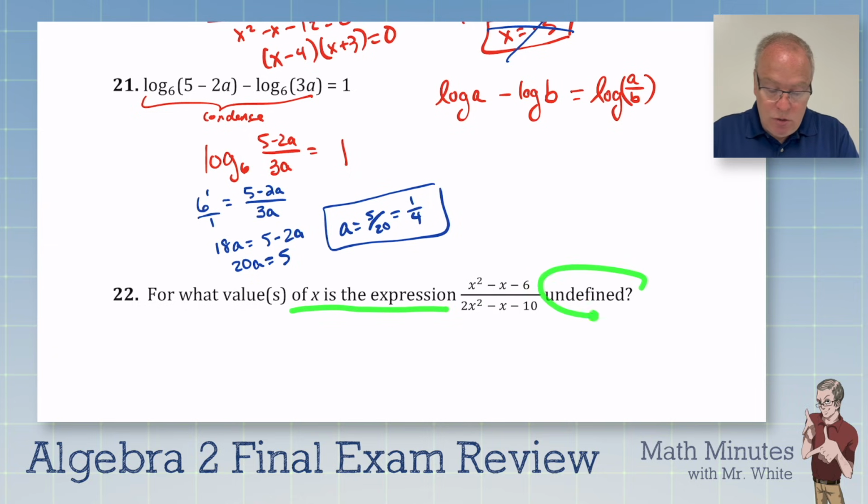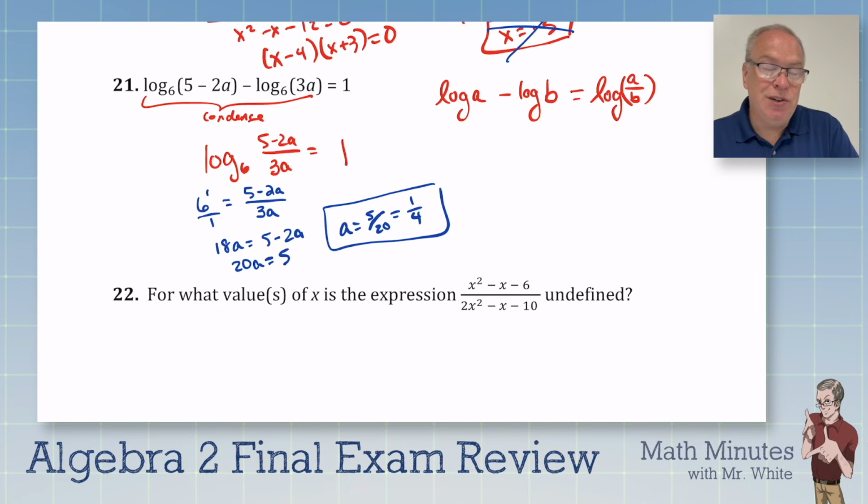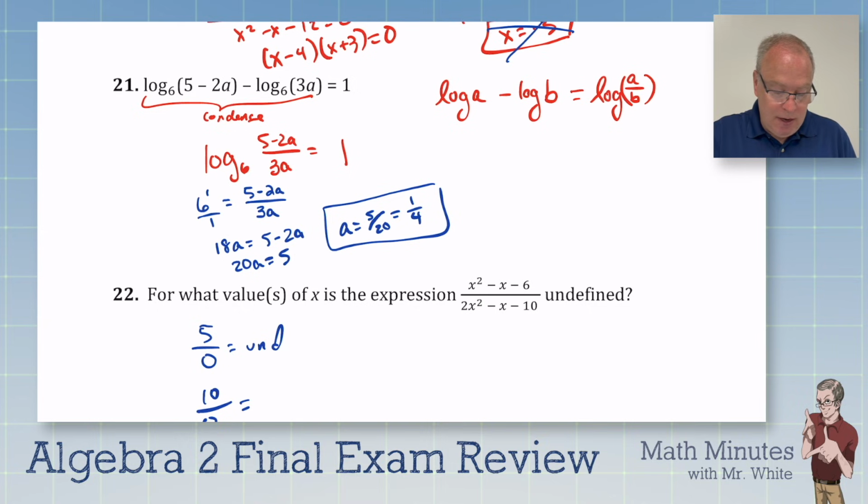For what value is this undefined? So rational expressions are undefined when? You're never allowed to divide by 0. Like 5 divided by 0 is undefined. 10 divided by 0 is undefined. Anything divided by 0 is undefined.